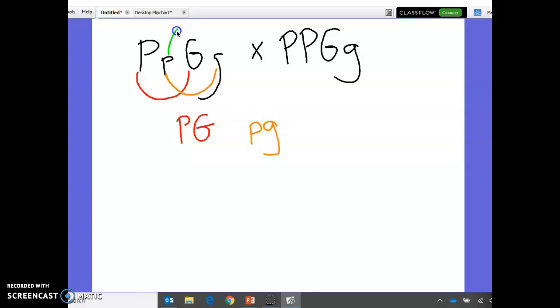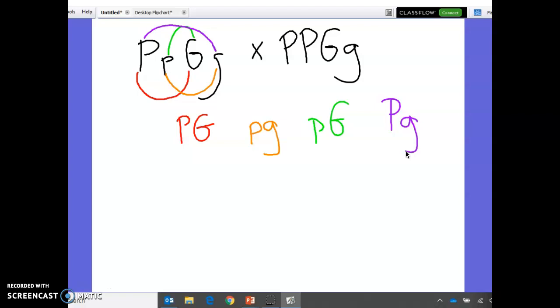We could see little p, or big G. And then which one am I missing? The outer. We could end up with big P, little g. So remember we learned that FOIL method. That's how we figure out this parent's possible gametes.